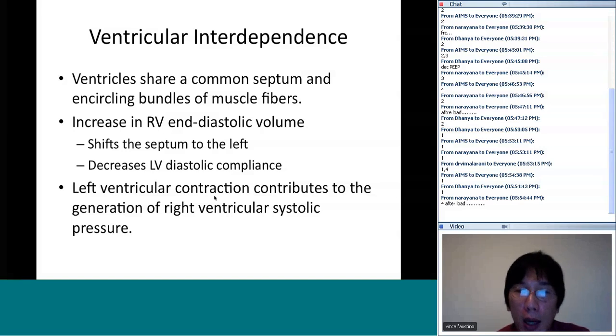So some people would measure the QRS interval, and if it's beyond a certain threshold, they would do biventricular pacing so that there's more synchrony in the left ventricular and right ventricular contraction, and that actually saves the heart from getting myopathic.